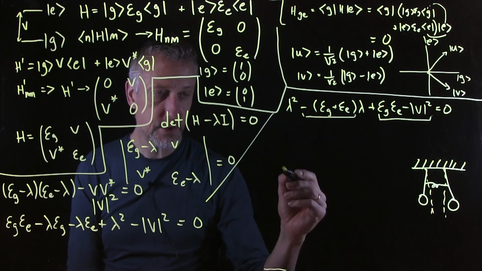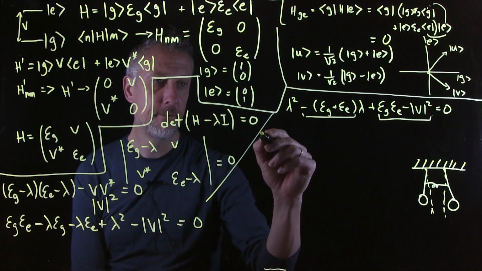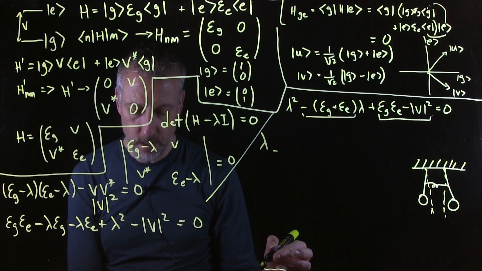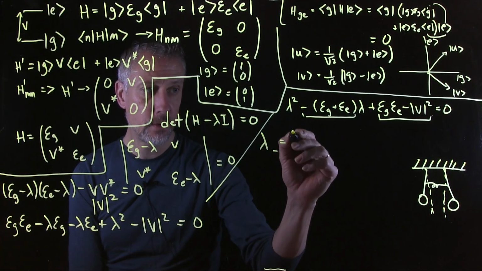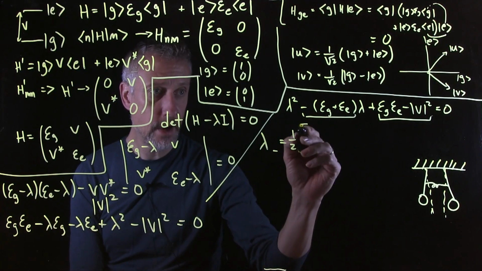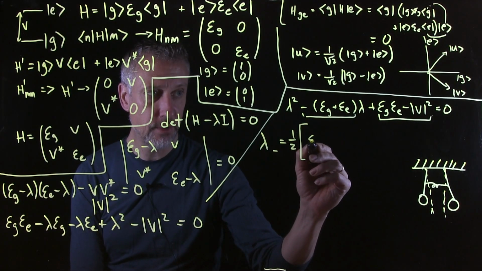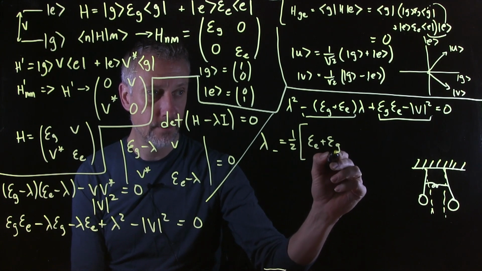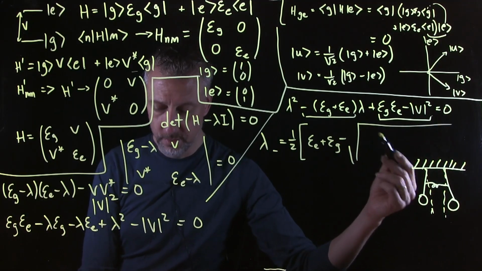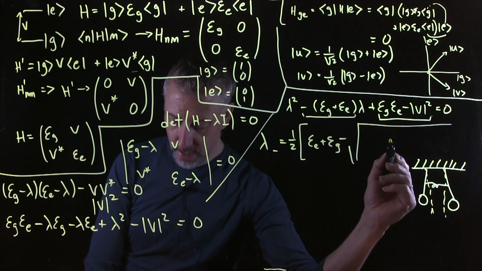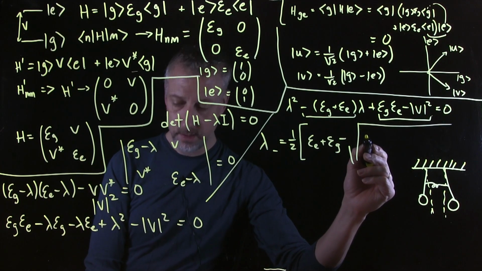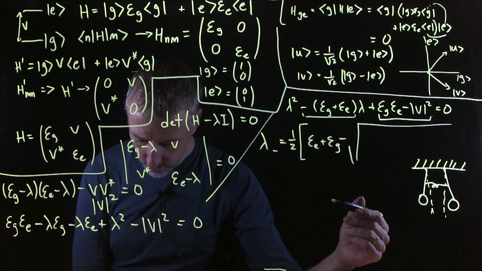All right, so you know how to do the quadratic formula. So we put this into the quadratic formula, you get two roots. I'll call one lambda minus, and it's because of the plus minus in the quadratic formula. So it's equal to 1/2, that's 1 over 2a, I guess. And then we have the term out front, so epsilon e plus epsilon g minus, and then the big square root that you know is coming. We'll make some simplifications of this, and you end up with expanding out the term.